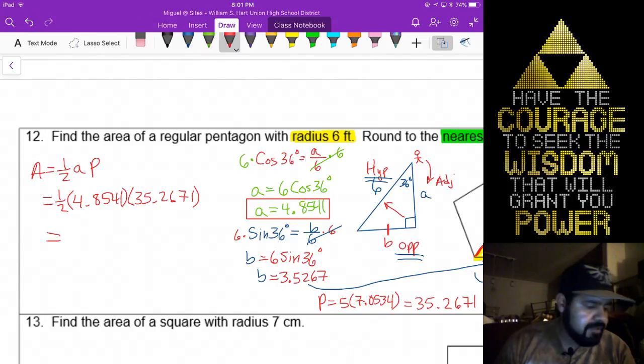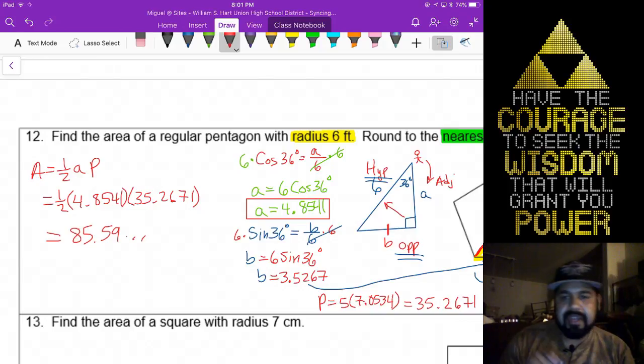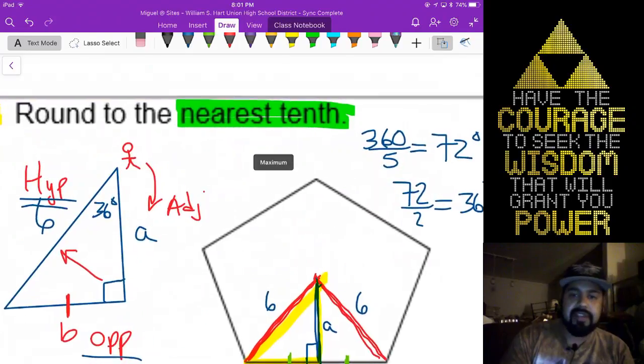Let's see here. And hopefully, if you type this in right, you will get 85.59, etc.